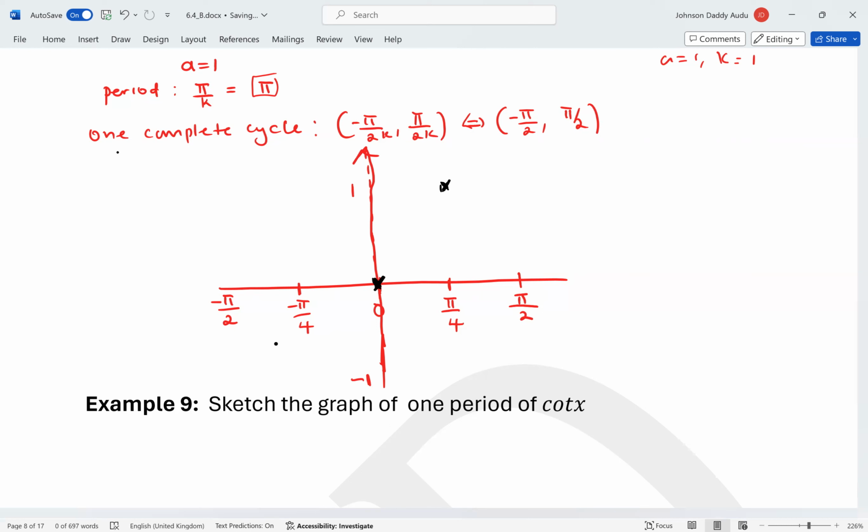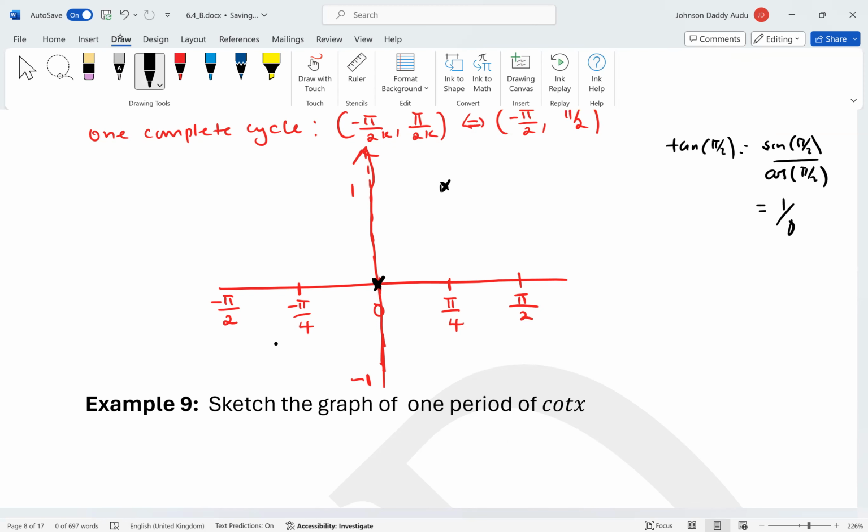Then we know that tan 90 is not defined, because tan 90 is sine 90 over cosine 90, right? But sine 90 is 1 and cosine 90 is 0. So we have 1 over 0. So this is undefined. And this tells us that we have a vertical asymptote.